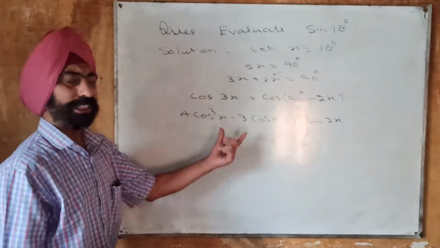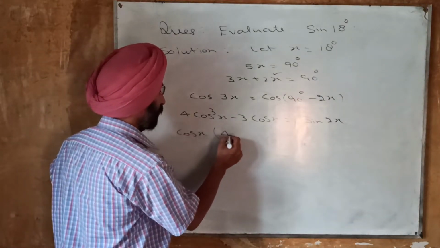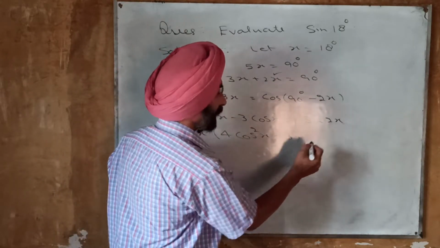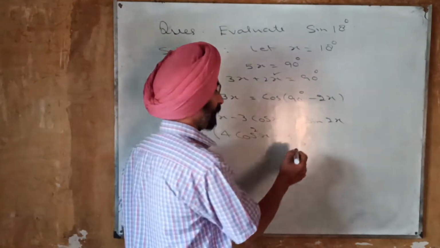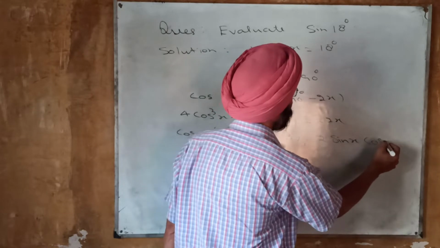Take out one cos x common from here. Cos x is common and you will be left with 4 cos square x minus 3 is equal to, on the other side, the formula for sin 2x, that means 2 sin x cos x.